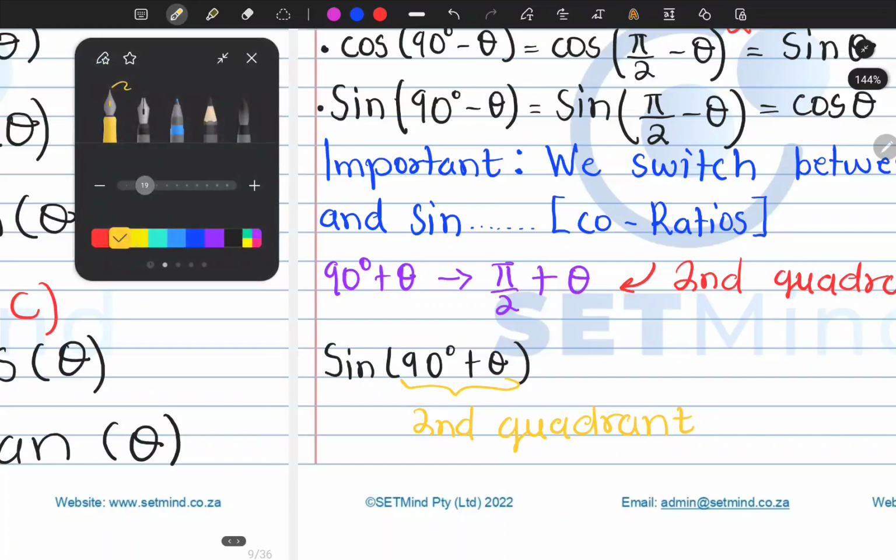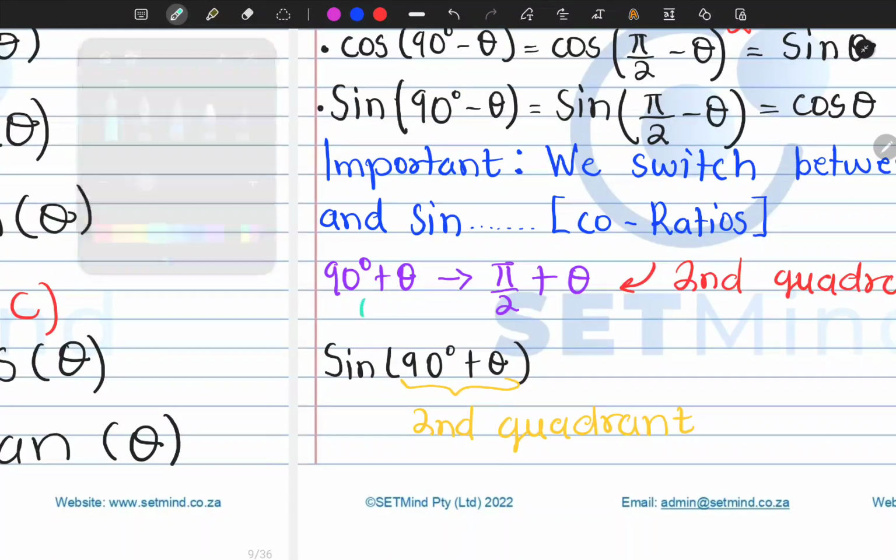So we need to figure out, for the trig ratio, is it positive or negative on the second quadrant? And by now you should know sine is positive. Then because we switch from sine to cos, I'm just going to put cos of theta here.